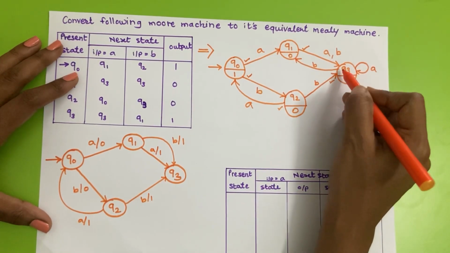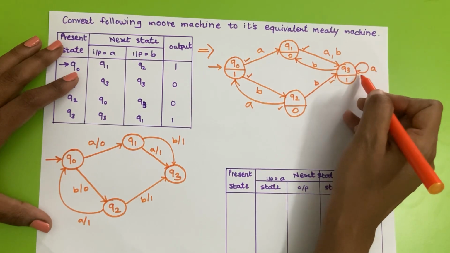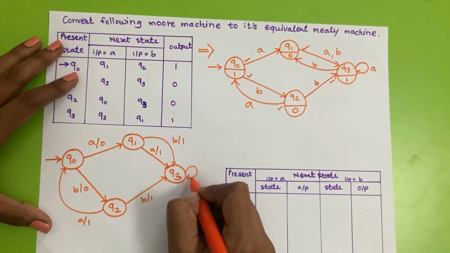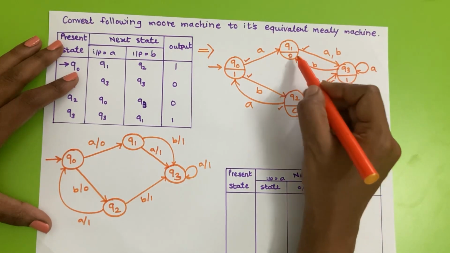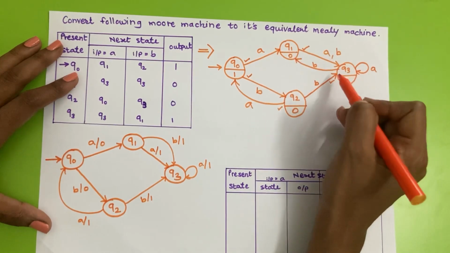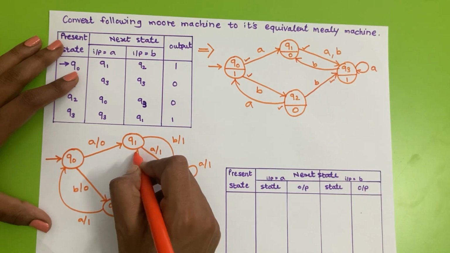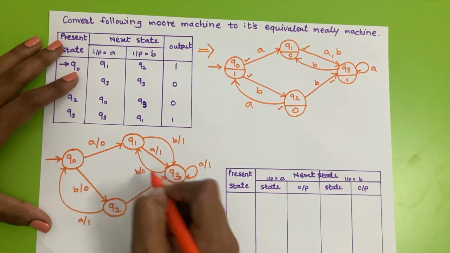Now the last, with state Q3. So Q3 on A, A will be replaced by 1. And Q3 on B is going to state Q1 and B will be replaced by 0.